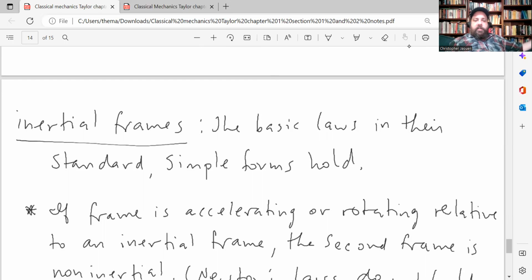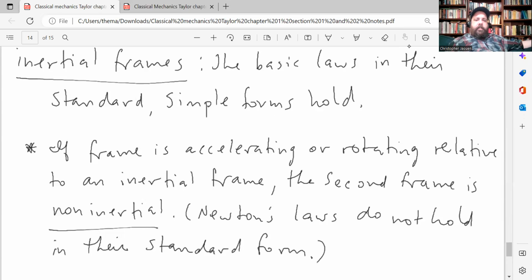So meaning Newton's laws. That's what he's talking about when he says the basic laws. There's three laws that Newton, like I said, we haven't talked about them yet, but there's Newton's three laws. That's what he means by the basic laws in their standard simple form. If the frame is accelerating or rotating relative to an inertial frame, the second frame is non-inertial, which means that Newton's laws do not hold in their standard form.